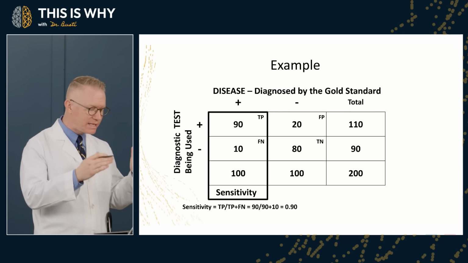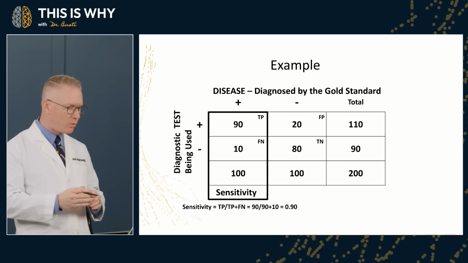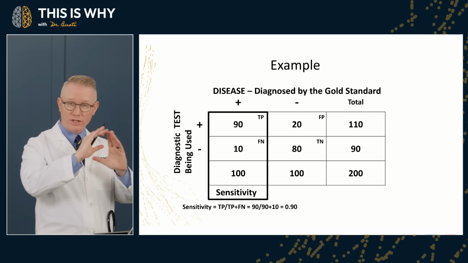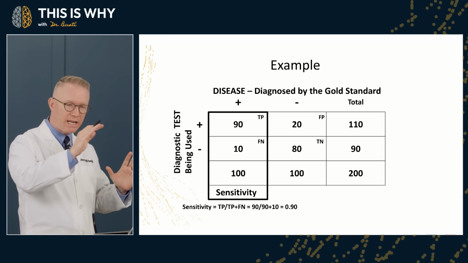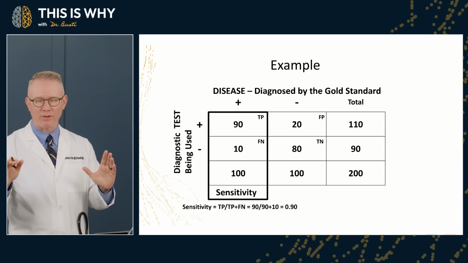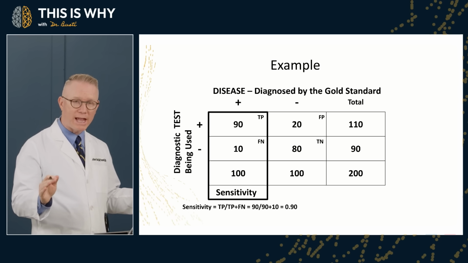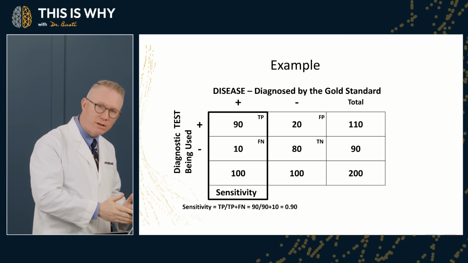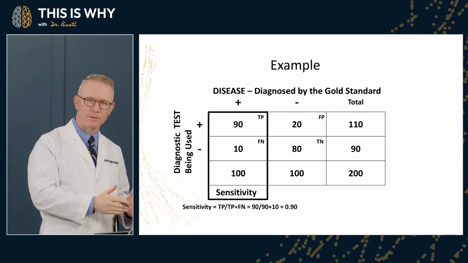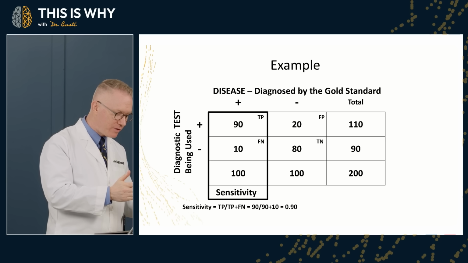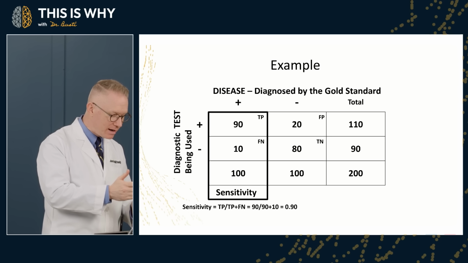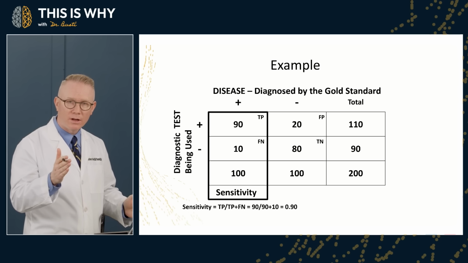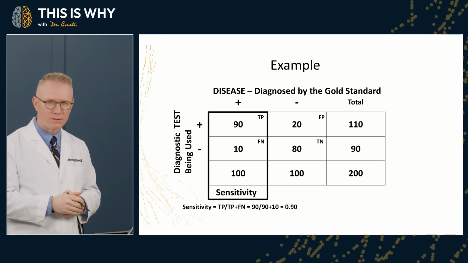And so when you go down and you look at that formula, remember, you have the skeleton structure of the T divided by the T plus F. And all you have to do is fill in the blanks. And if I'm calculating sensitivity, it's the column down in the positive from the disease. Okay? You just fill in the numbers. The true positive is 90 divided by 90 plus, we had 10 false negatives.